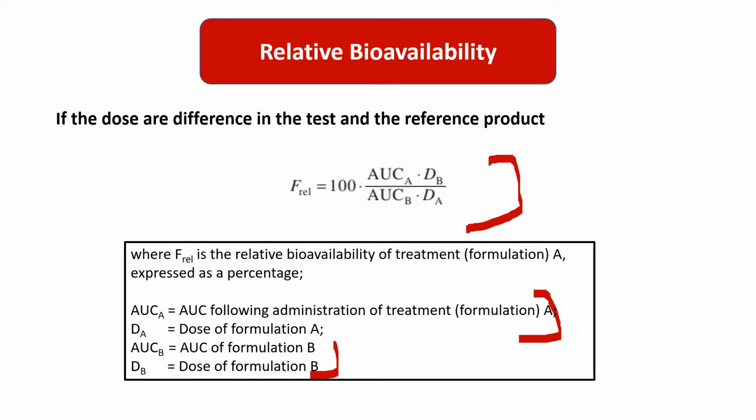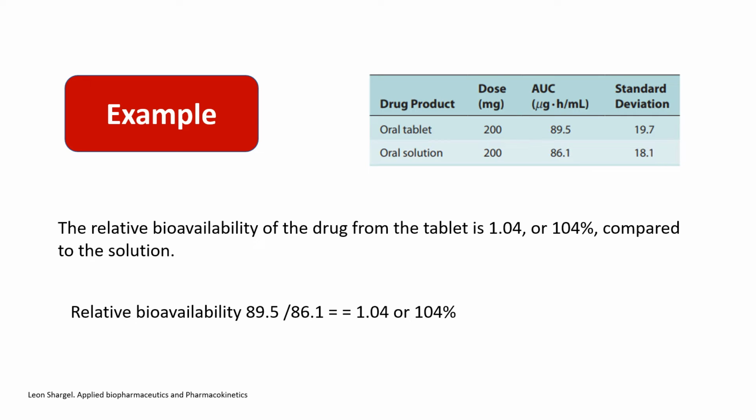This is where relative bioavailability comes into the picture. So here's an example of an oral tablet versus oral solution. The dose is the same, the AUC is a little bit different. You can see the relative bioavailability is 1.04, meaning only a 4% difference between the two components.